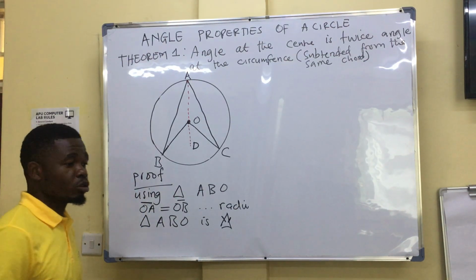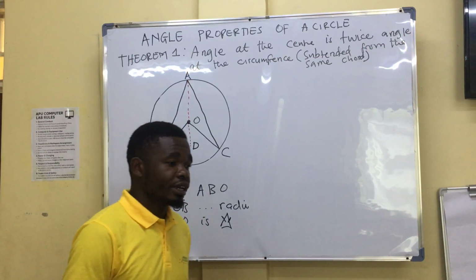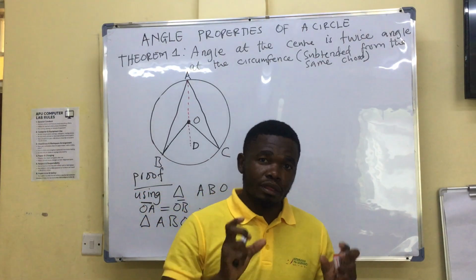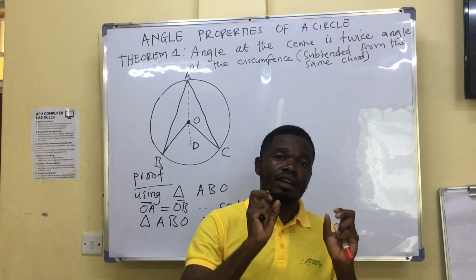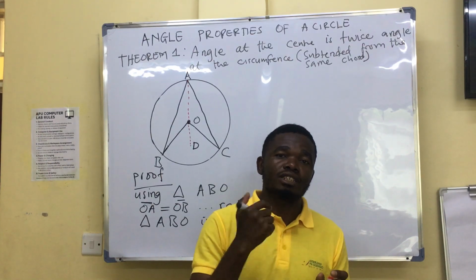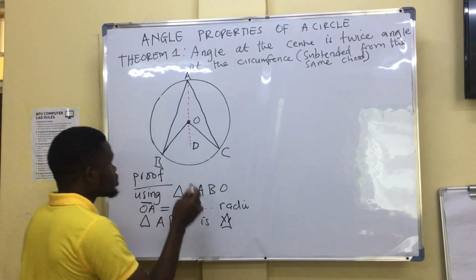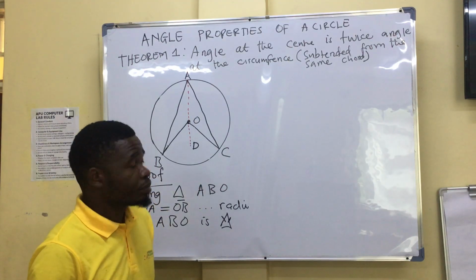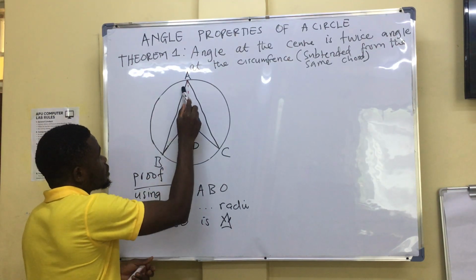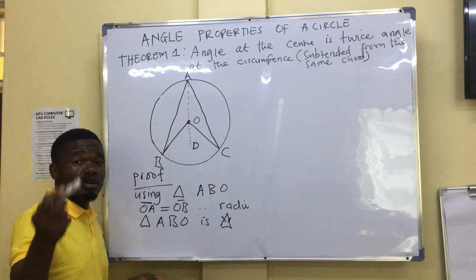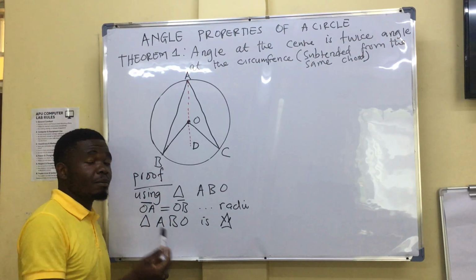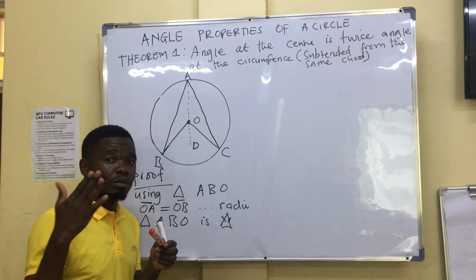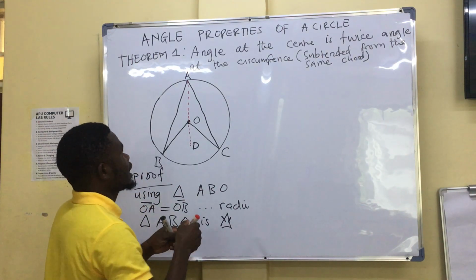So remember the second property of an isosceles triangle. If two opposite sides are equal, the base angles of the isosceles triangle are equal as well, they have the same value. Meaning that this angle and this angle, which are the base angles, are equal. Now it's an isosceles triangle, so let's give them labels.